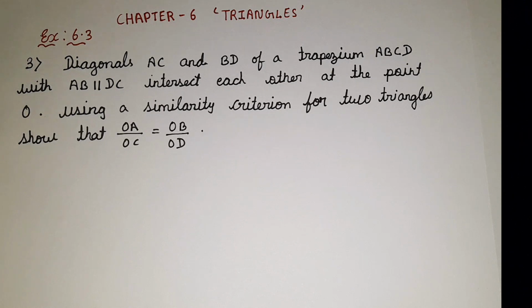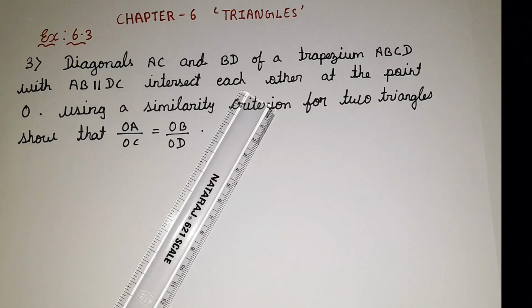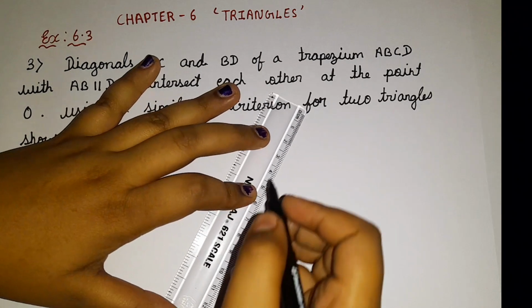Now let us draw a trapezium. In the previous exercise, exercise 6.2, in the 9th and 10th questions we solved it using a figure that is a trapezium. So you might have an idea of what a trapezium is. Now let us draw a trapezium.